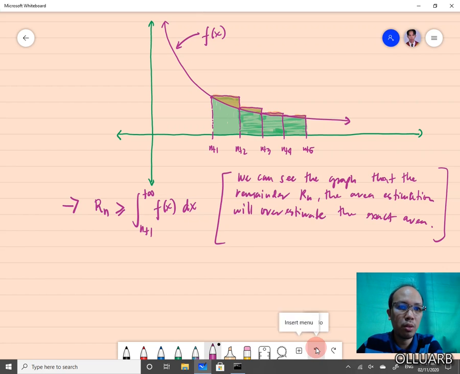So what you will do is start at x is equal to n. So maybe we can use this lasso effect here. Let's wait for the program to respond.